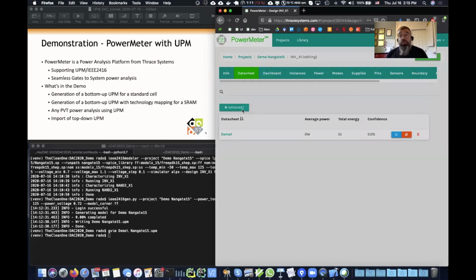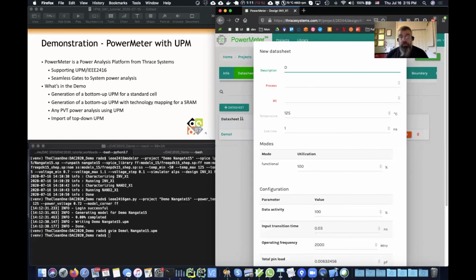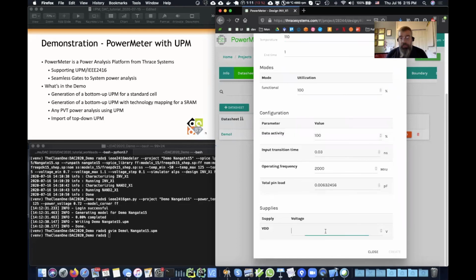I can also estimate power at another corner. I can say, I want to do a slightly off fast corner estimation and see how my power is going to look there. And I also want to do a little bit lower temperature. I don't have to do 125. Say hypothetically, my device works at 110. And again, I want to see at lower temperature how that looks.